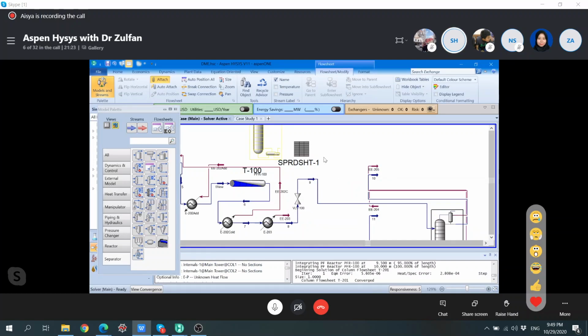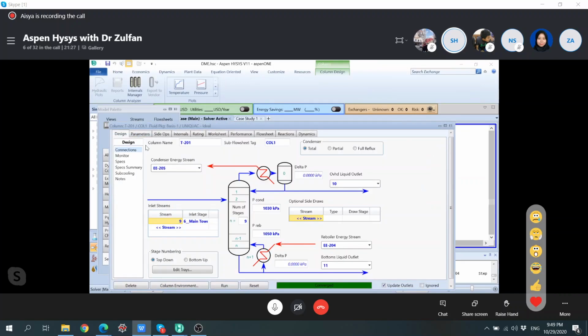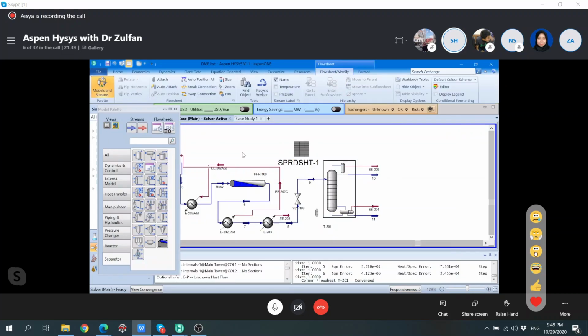You have to change the feed location first. Stage 3, okay, fine. You have seen it: stage 2, 3, 4, 5, 6. They're all okay. The 6 needs a higher pressure.